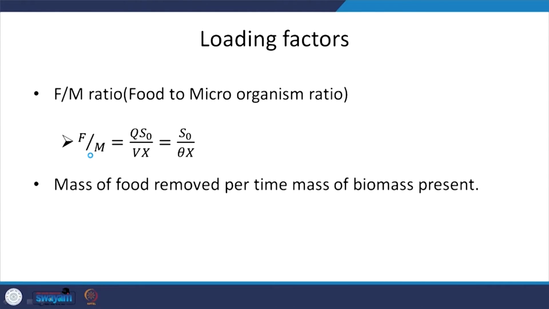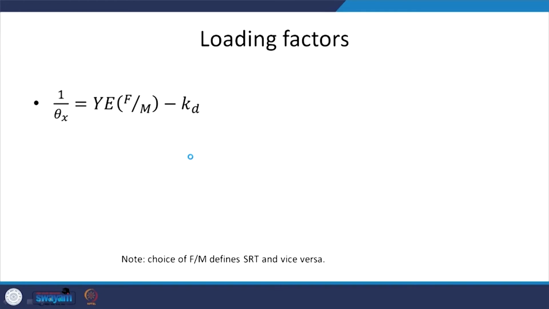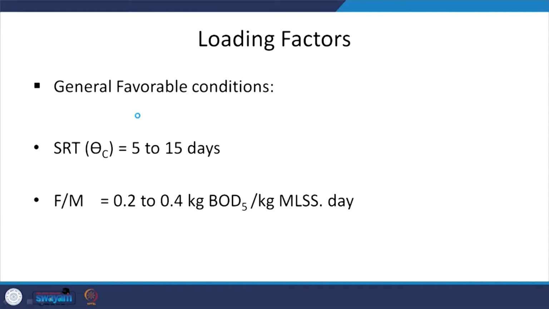Another aspect is trying to maintain this F by M ratio, as I mentioned, QS naught by VX or S naught by theta X, and then you can calculate the relevant variables that you need. We already looked at this earlier, so I will not come back to it, but based on what you want to maintain of these three variables, you can get the other variables from here. In general, SRT is 5 to 15, but it depends on the kind of plant and the extent of removal.